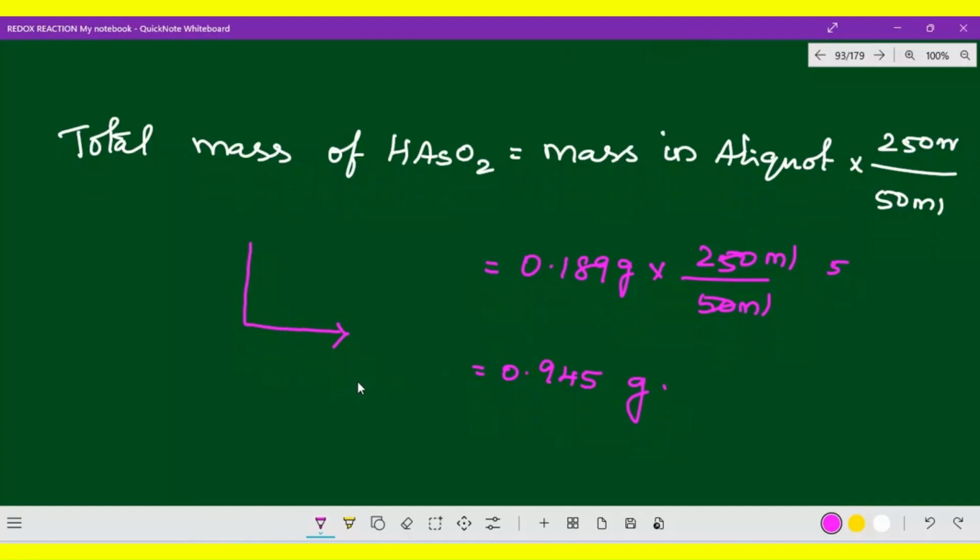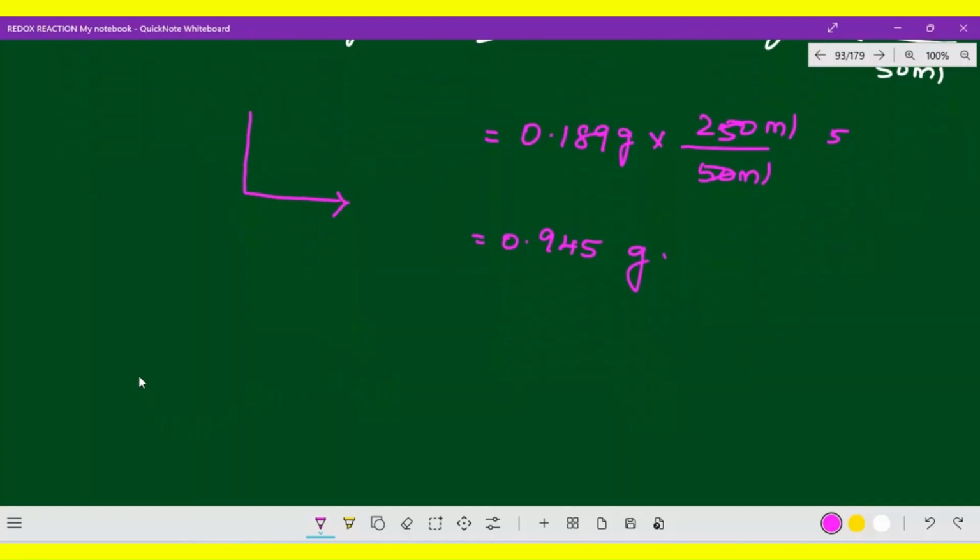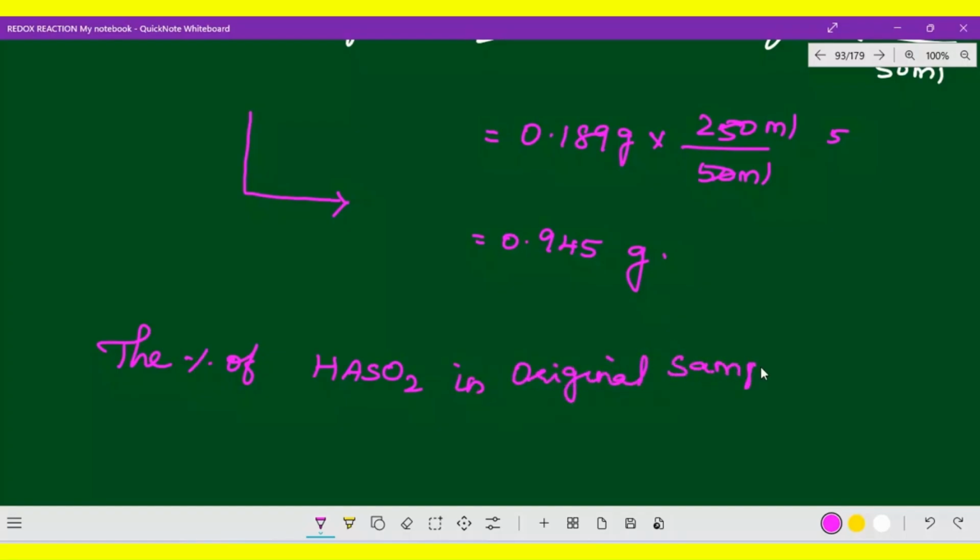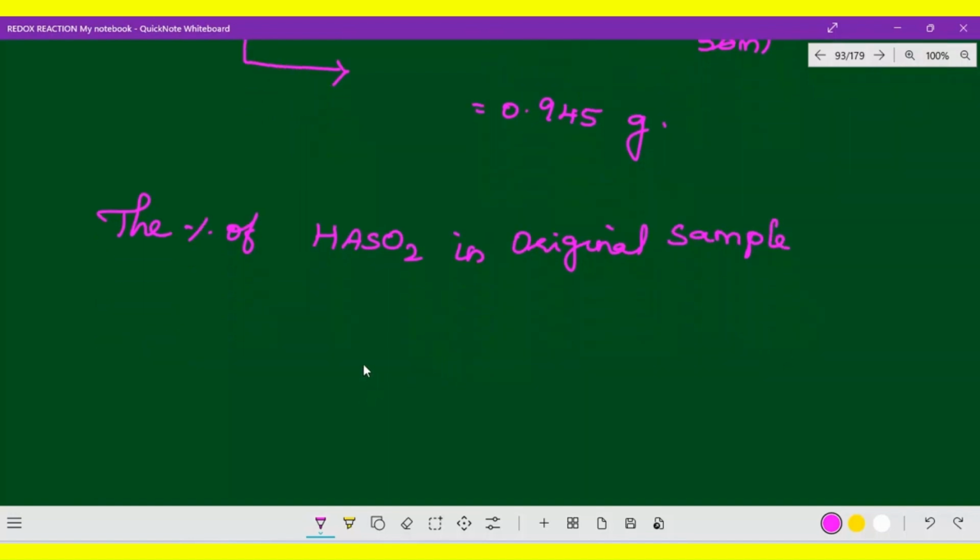Okay, now we are going to see the percentage of the sample. So the percentage of HAsO2 in the original sample. How many grams of sample have they taken? 3.78 gram.